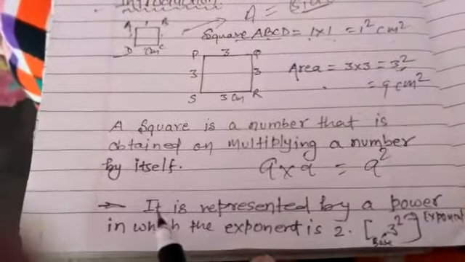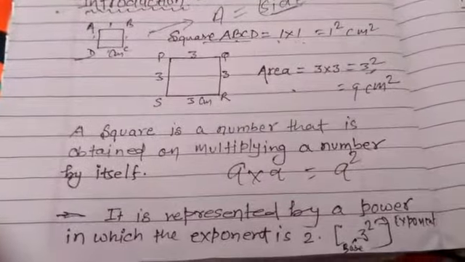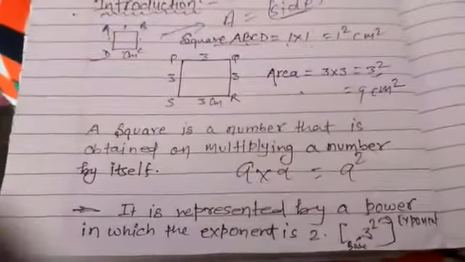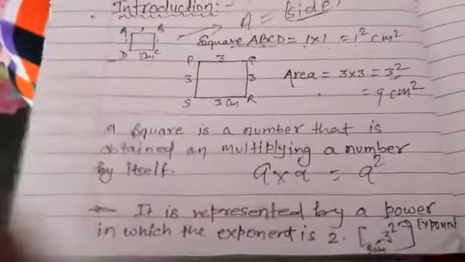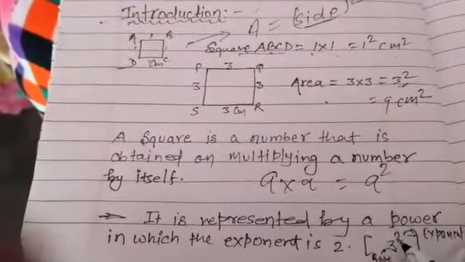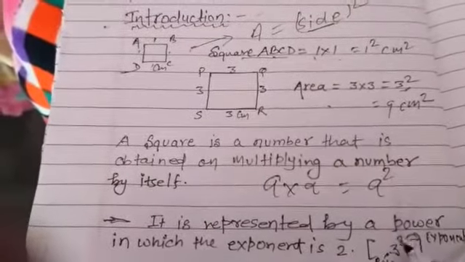It is represented by a power in which the exponent is 2. Here the base is 3 and the exponent is 2, so it is called 3 square. So it is not new for you.